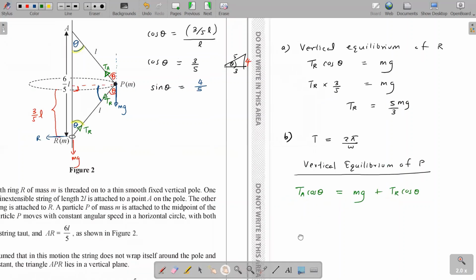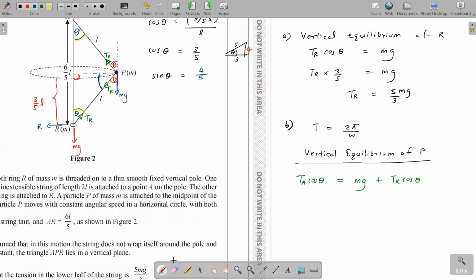Okay, so how does it work? Tension A is unknown. Cos theta is known as 3 over 5, we just found it, equals mg plus tension R, whose value we found in part A, it's 5 over 3 mg. 5 over 3 mg into cos theta, which is again 3 over 5. Okay, let's get everything together.